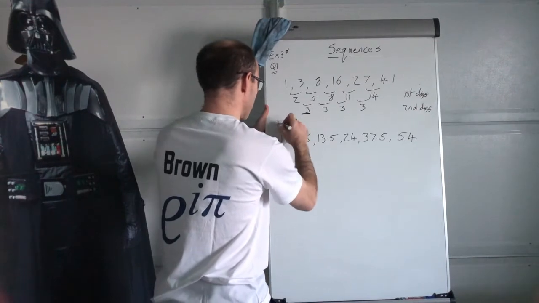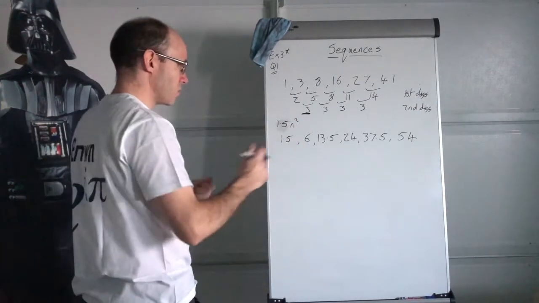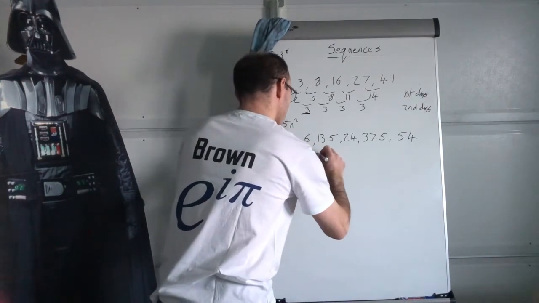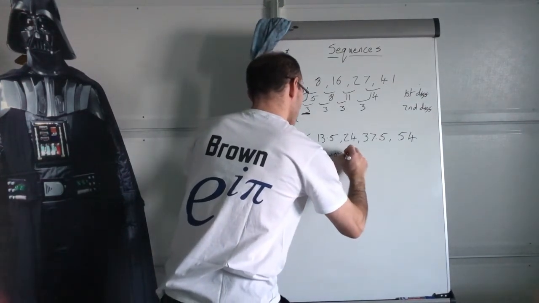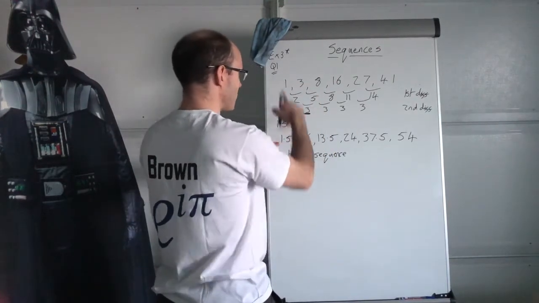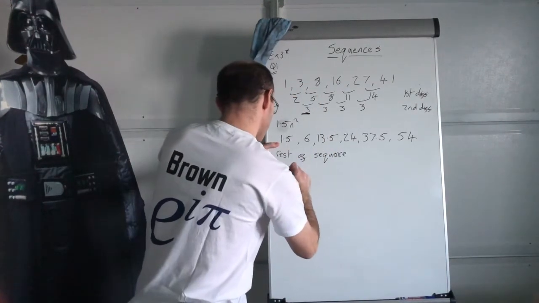That's 1.5n squared. Alright, what's the rest of the sequence? Remember we did that last time? We looked at what we do with these numbers to get those numbers. So 1.5 subtract 0.5.